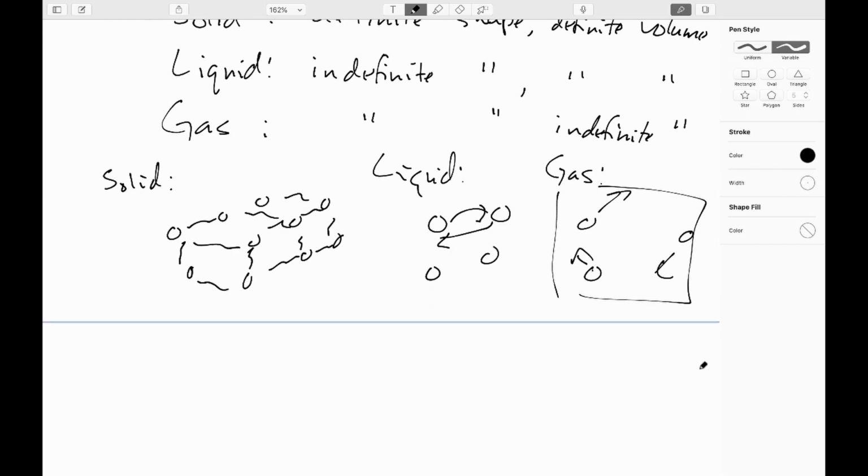Now, depending on the situation, if we're adding energy to a solid, what will happen is eventually these bonds will get longer and longer as the atoms are vibrating more and more aggressively, until it becomes energetically favorable to break these bonds, and you'll transition from a solid to a liquid. That gets called melting.